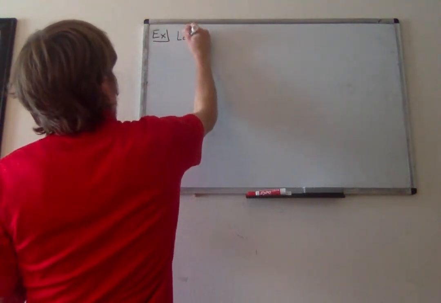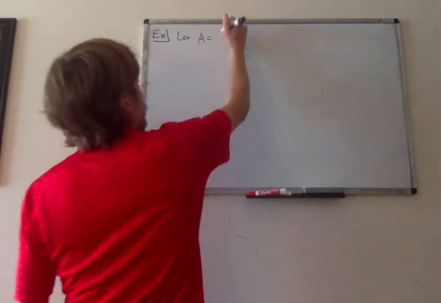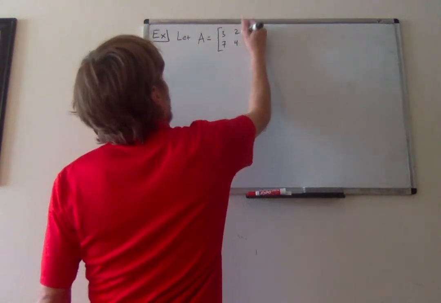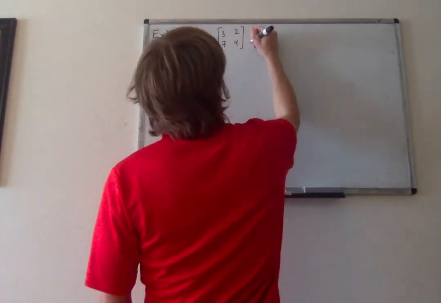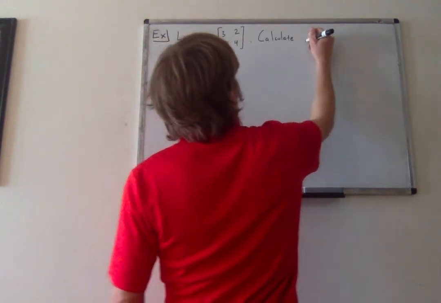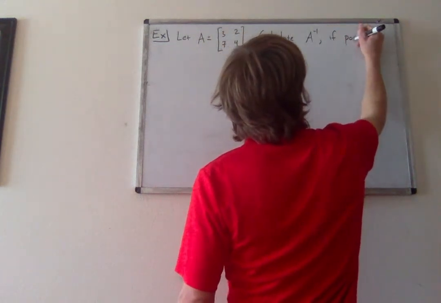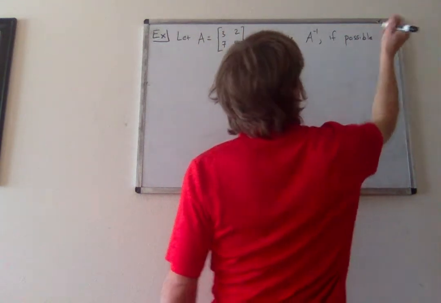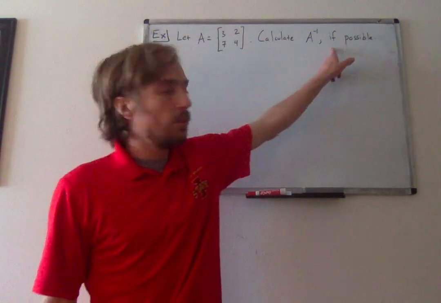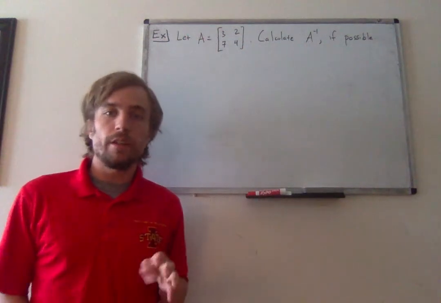So let A be the following matrix, 3, 2, 7, 4. Calculate A inverse if possible. So what we want to do is first answer the question, if possible, and then if possible, we will calculate A inverse.